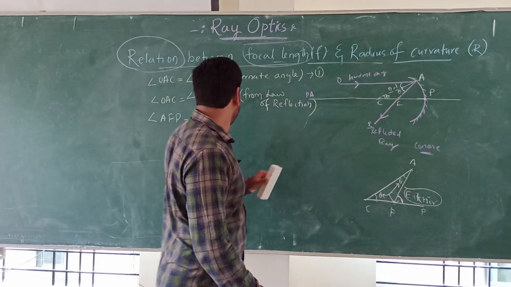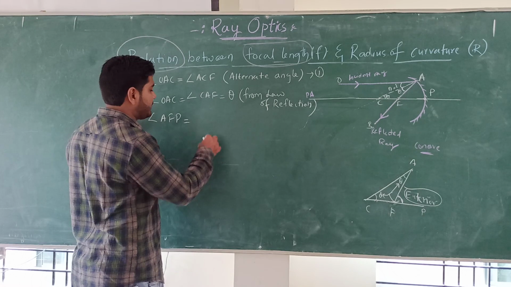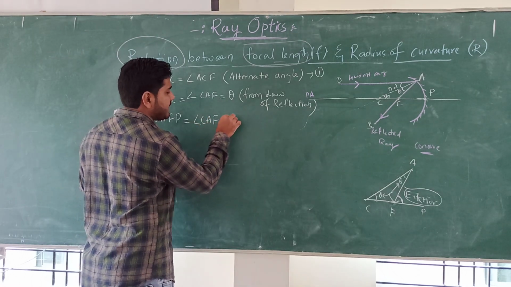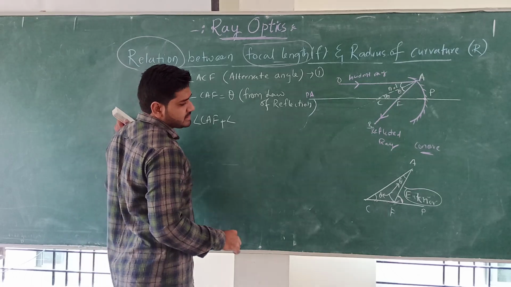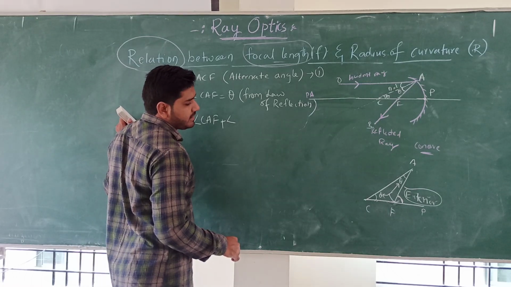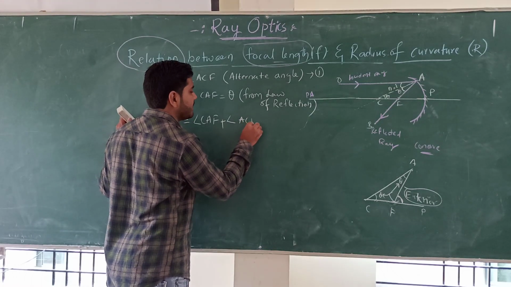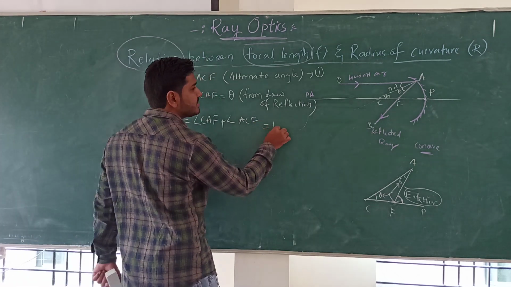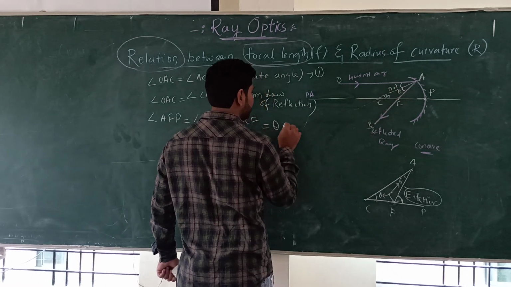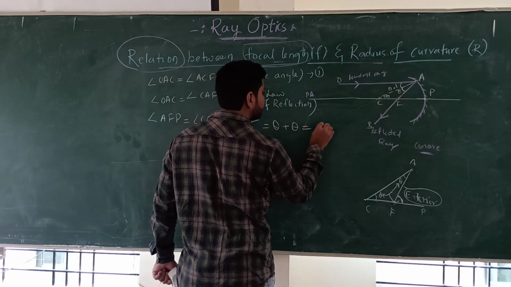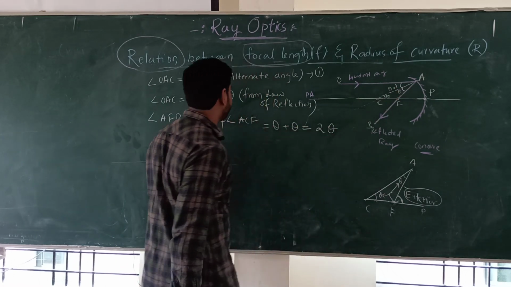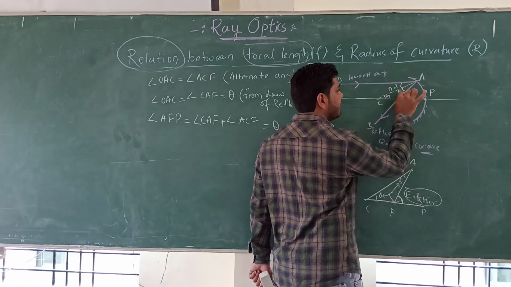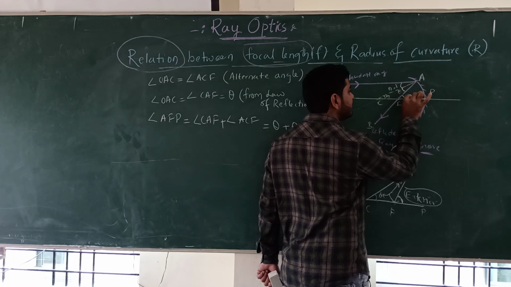Therefore angle AFP will be equal to angle CAF plus angle ACF. Angle CAF is theta and this is also theta, so it is equal to 2 theta. So angle AFP is equal to 2 theta.